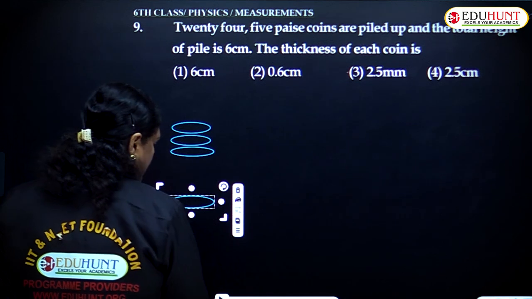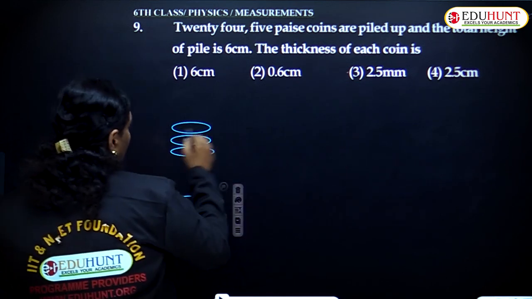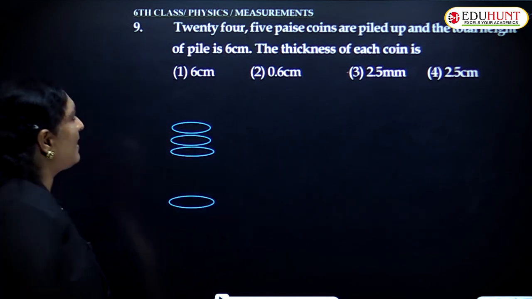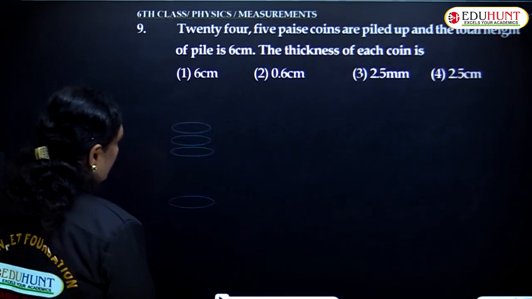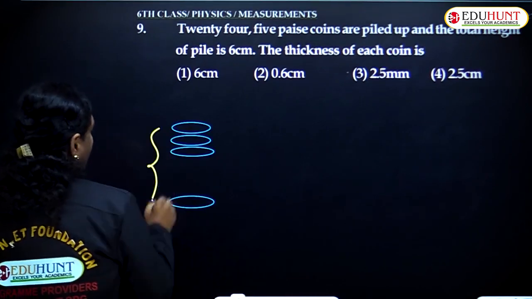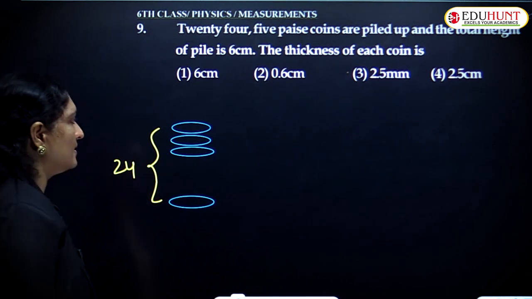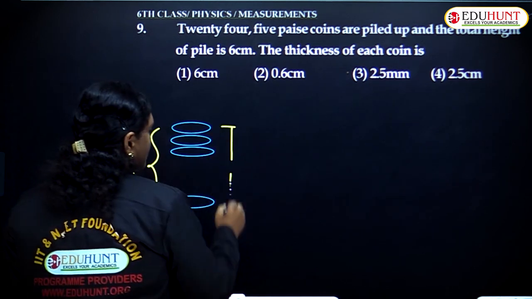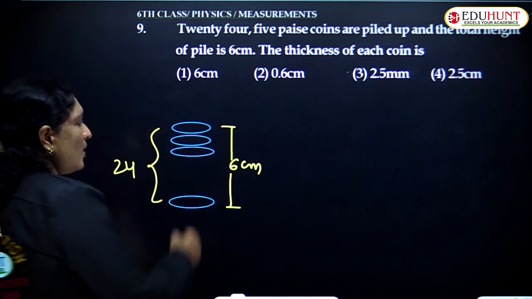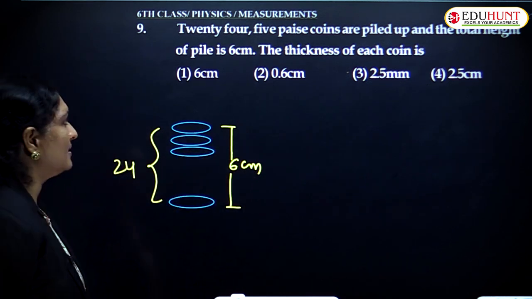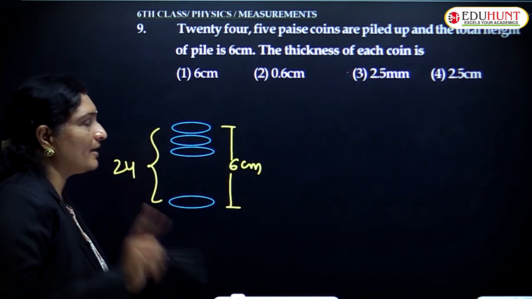How many such coins have they considered? Altogether there are 24 5 paisa coins, and the total length was measured to be 6 centimeters. 24 coins having 6 centimeters. You are asked to find the thickness of each coin.